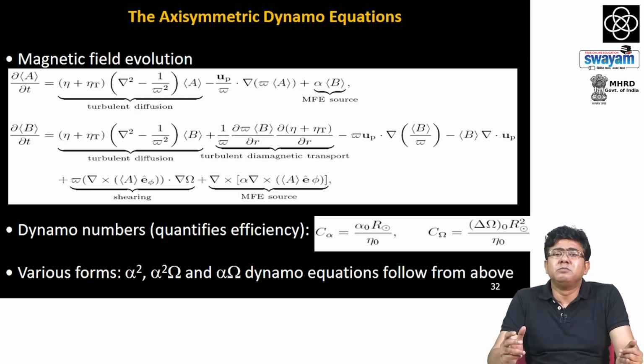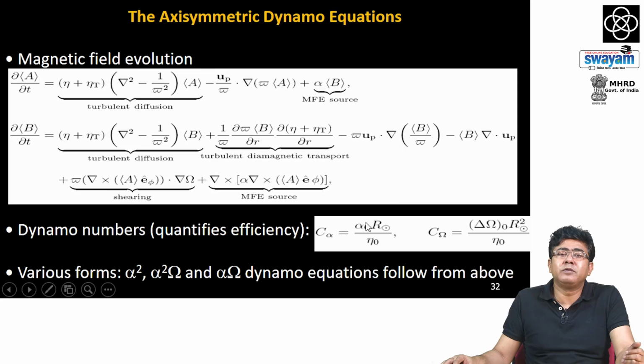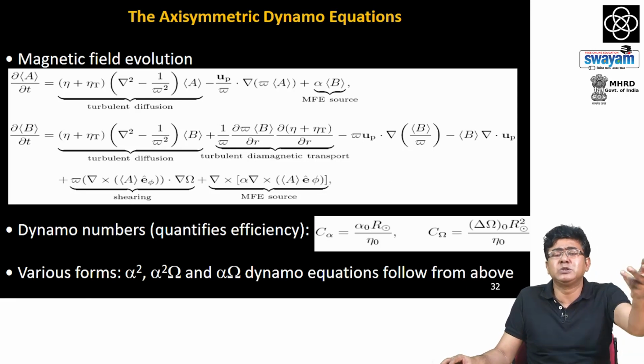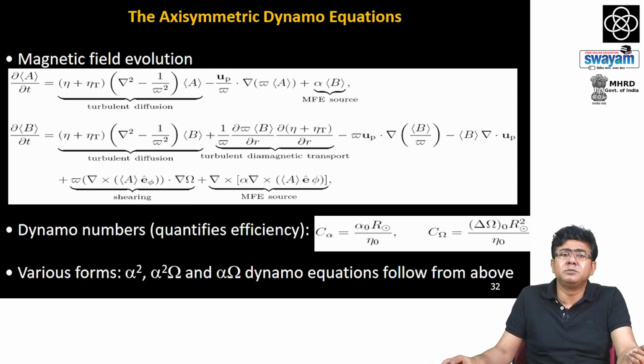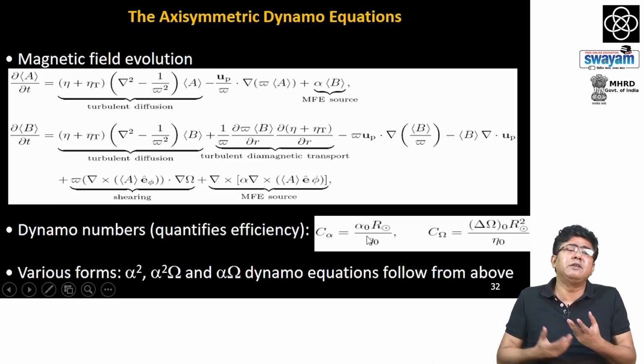The efficiency of the dynamo mechanism is measured in terms of dynamo parameters, which are detailed here, where you can generate different kinds of dynamo numbers by taking the ratios of different source terms to the dissipative terms, and based on what kind of terms are dominant, you can classify the dynamo action into various kinds of dynamos.